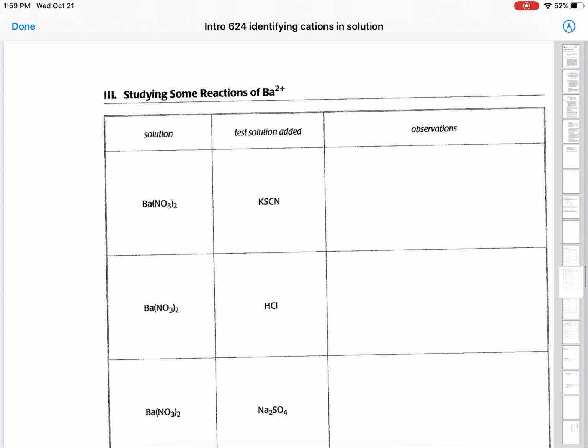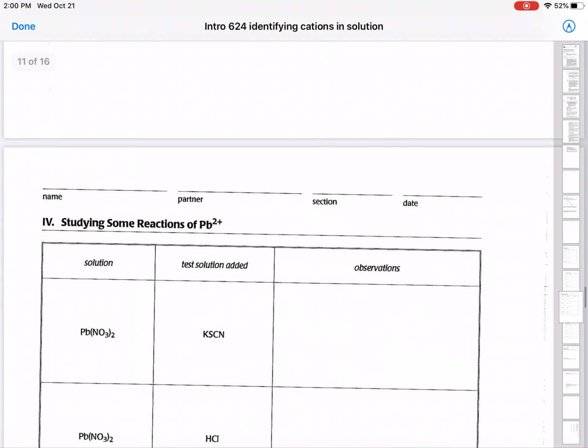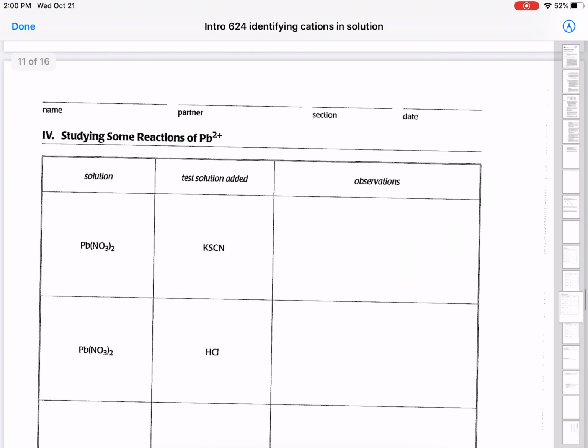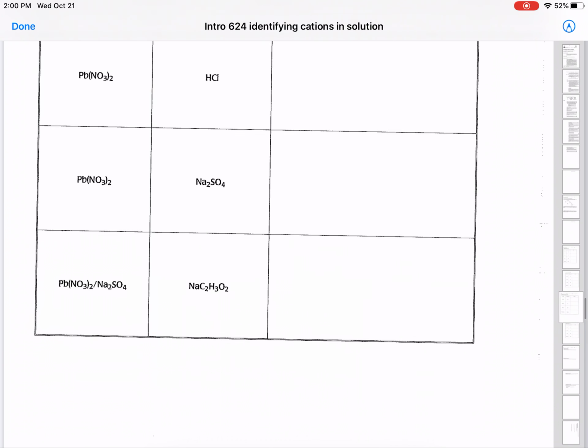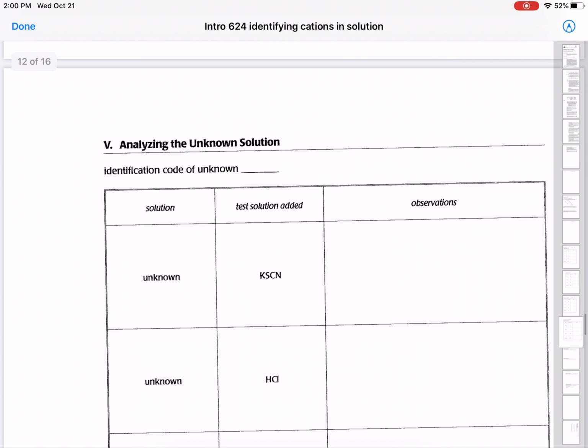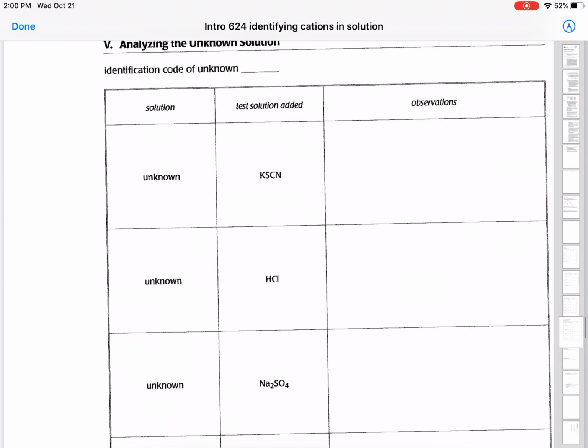So likewise, by looking at the observations, you can see which ions give a compound or a complex or a solid or a color change with a particular reagent. And this one with lead, how the lead nitrate behaves with these reagents. And then you will be given an unknown, and when the unknown reacts with potassium thiocyanate, if it becomes a red color complex, then you know it has iron in it.